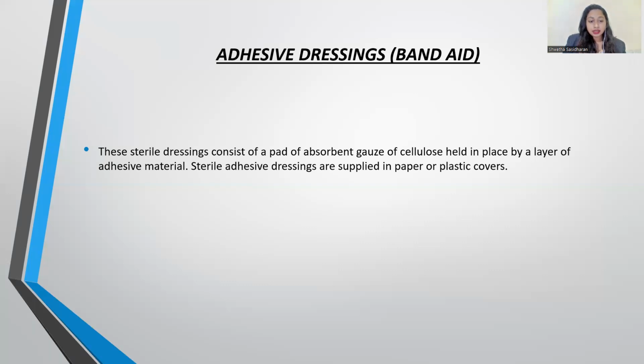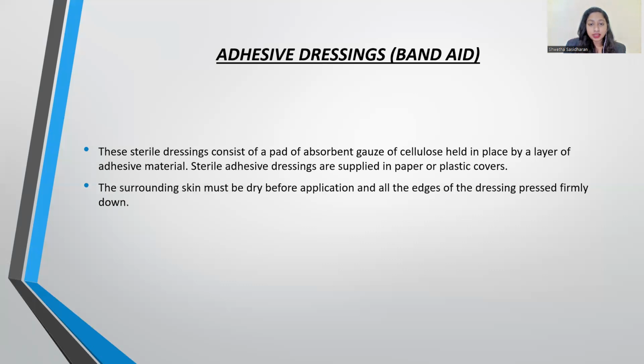If you look at a band-aid, you can see in between there is a pad, which in layman's terms is none other than the cellulose. The cellulose is held closer to the wound, and the rest of the area is put over the skin. First of all, we have to make sure the surroundings are dry, because if the skin is not dry, the adhesive area that has to stick on the skin might come off very easily.